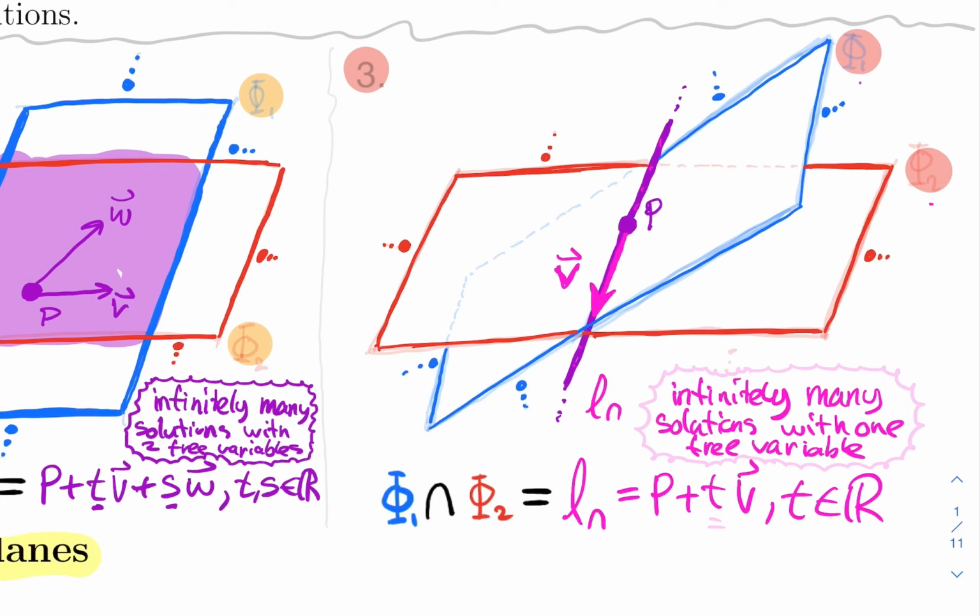Of course, that one free variable is T here. So that's the distinction between case 2, where the intersection is a plane, versus case 3, where the intersection is a line. It's two free variables in case 2, and one free variable in case 3.